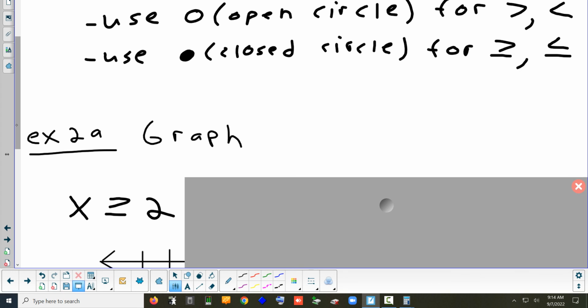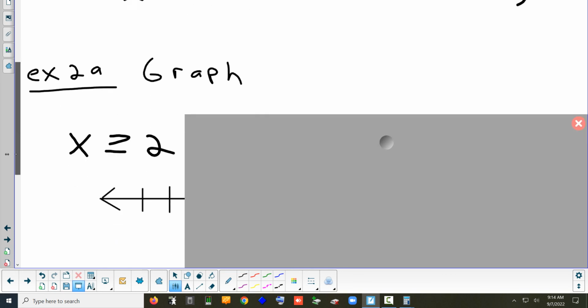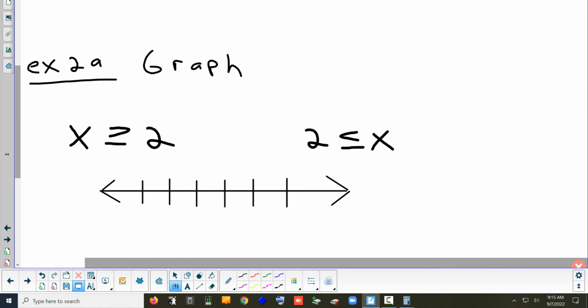What kind of circle am I going to use for this problem? Open circle means it's not filled in, or a closed circle, which means you shaded it. Yeah, Chris? A closed circle. Can you tell me on what number? On number 2, so we need a number line. So closed circle on 2, I agree.